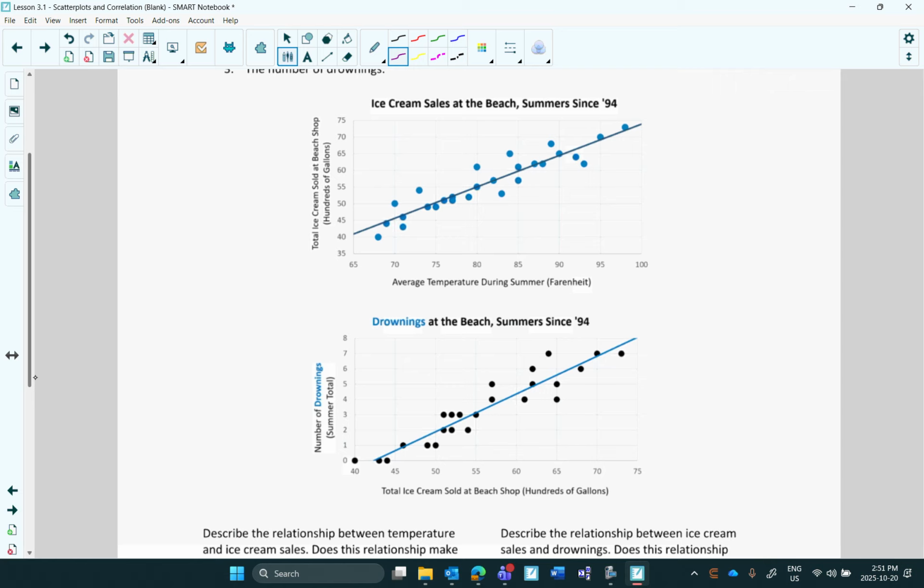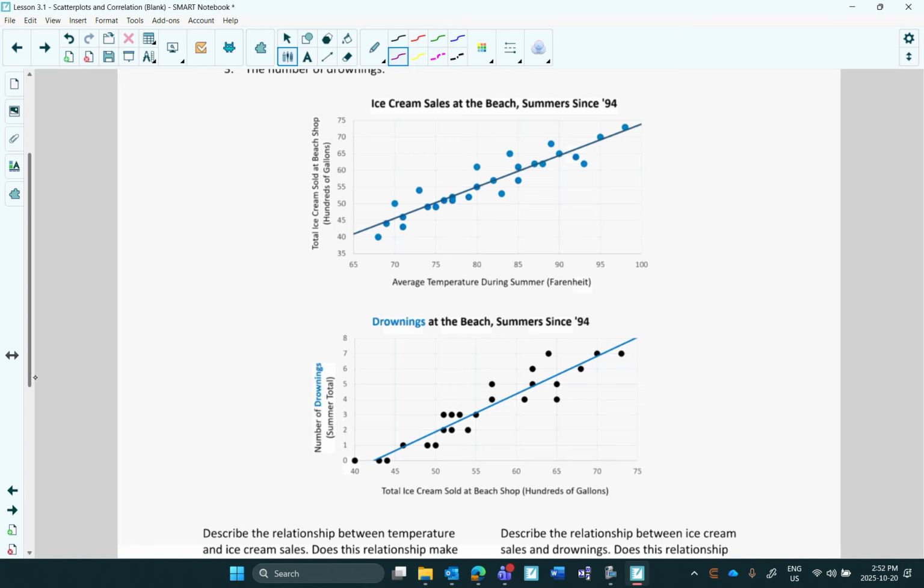Which one makes more sense? The top one, right? Okay. Why does this one not make as much sense? This sort of goes into another area of statistics. Ice cream doesn't cause drownings. What else could? If there's more ice cream sold, there are more people. So there you go.